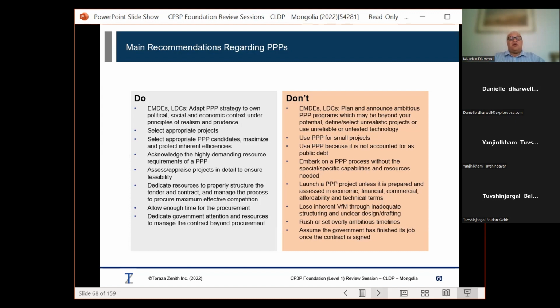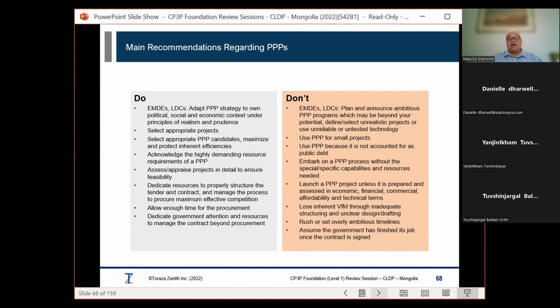We need to make sure that we assess or appraise projects in detail to ensure feasibility. I've been involved in projects where the level of appraisal has been very poor, and it's essentially being shown that a project could work, when even I, looking at it, could see that it wouldn't work and it required more appraisal, because actually it might be better done as a conventional project.